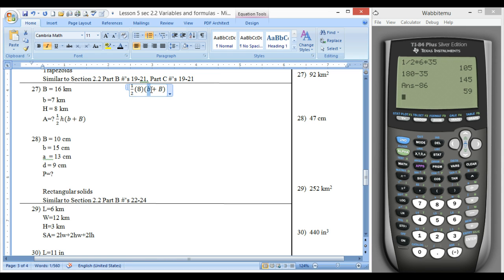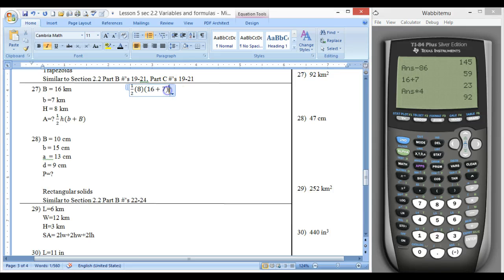Just because we'll go with the large one being first, I'll do 16 and 7. There we go. So 1/2 of 8 is 4. Oh, let's go ahead and do the parentheses first. 16 plus 7 gives me 23. Then I can multiply by half of 8, which is 4, which gives me 92.